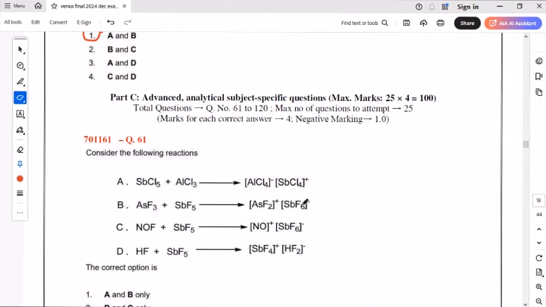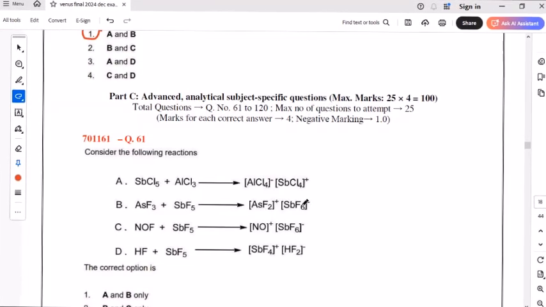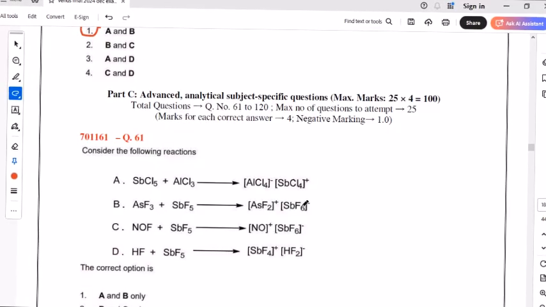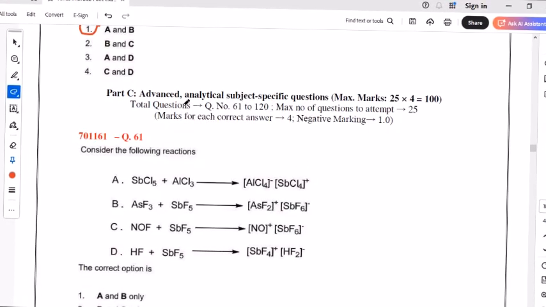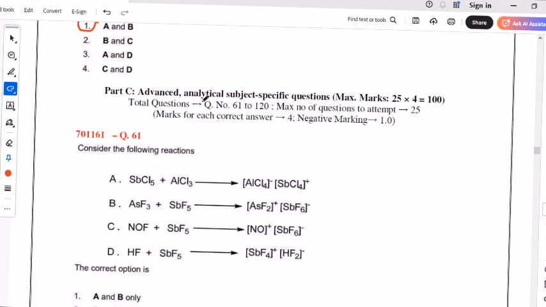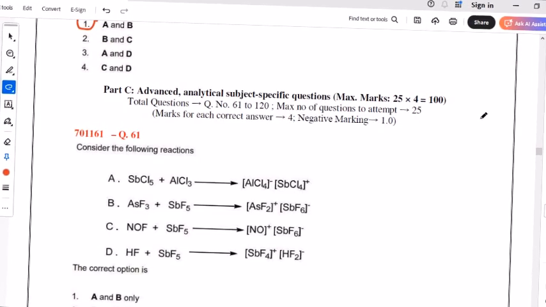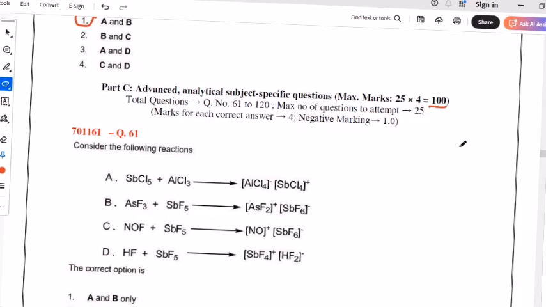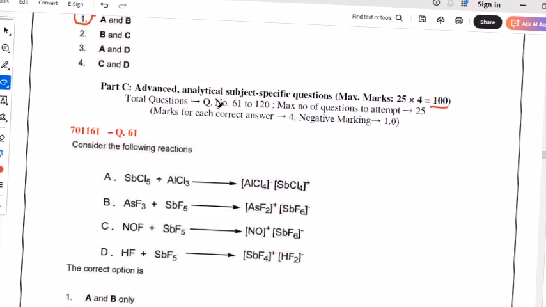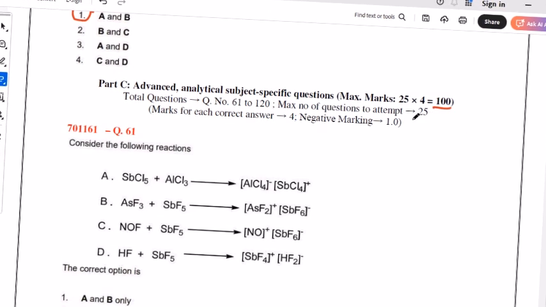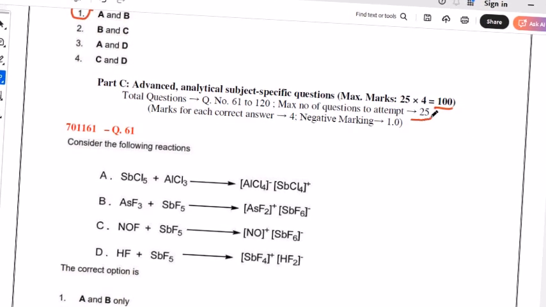Next, part C. Dear friends, this part C is going to have advanced chemistry based questions. These are analytical, subject specific questions, that is, chemistry based questions, and the maximum marks for this part C are going to be 100 marks, and in this section you will have 60 questions. However, you are supposed to answer any 25 questions only.